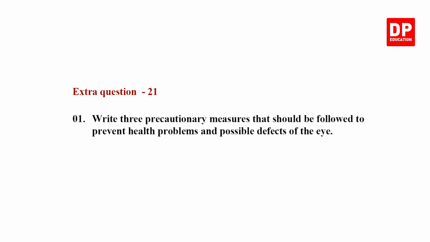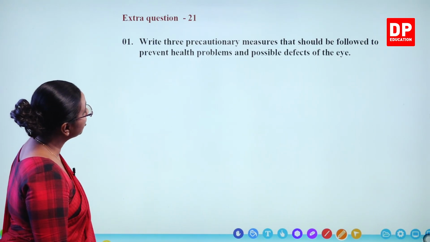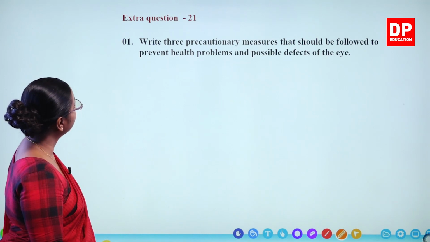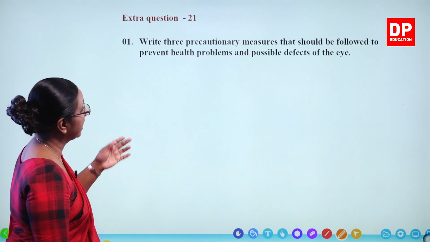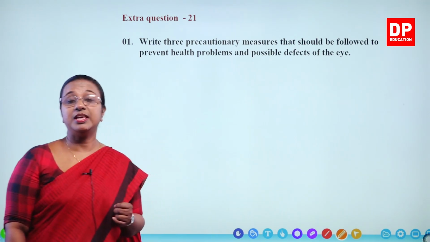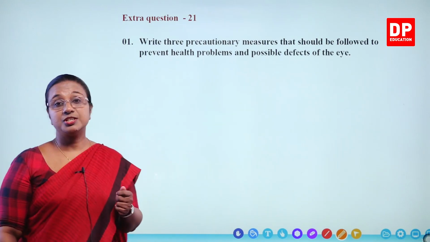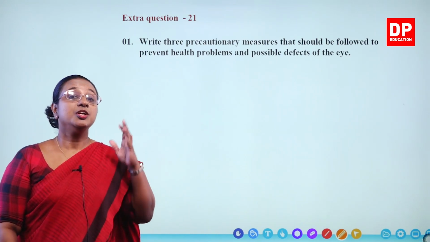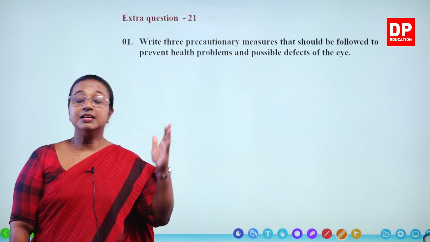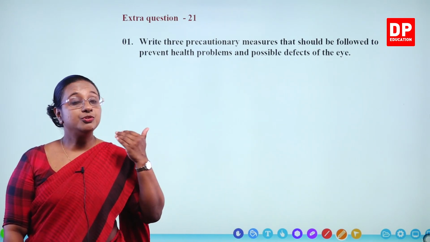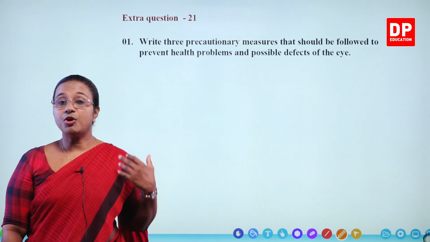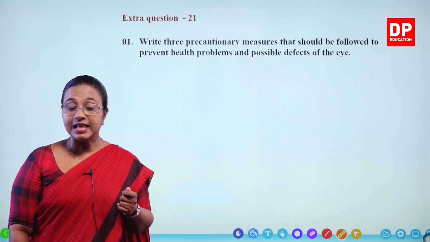Extra question 21. Write 3 precautionary measures that should be followed to prevent health problems and possible defects of the eye. What are the precautionary measures? You should not look at the sun directly. You should not put any medicines into your eye without medical advice.